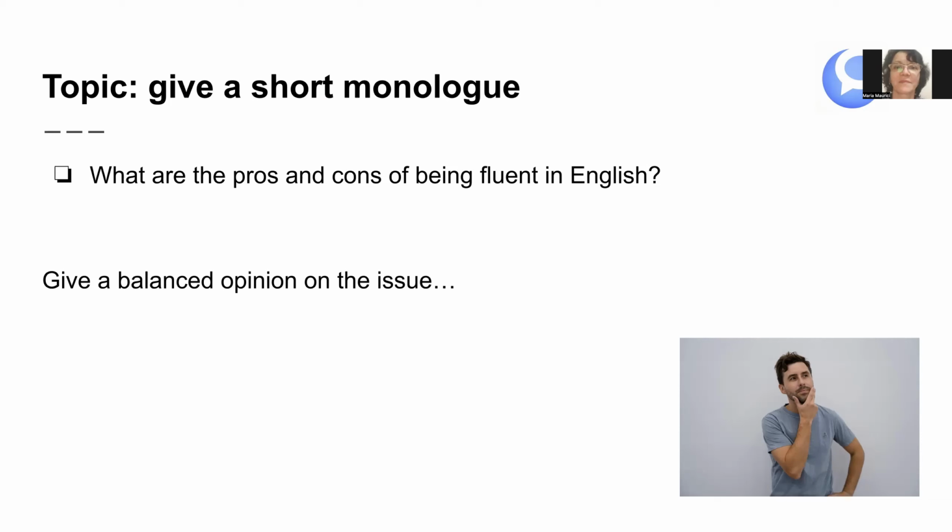So we might consider that there are pros and cons. To go back to the pros, another benefit of learning English is that you can improve your memory, and you can take it like a challenge and do it for yourself, to prove that you can do it.